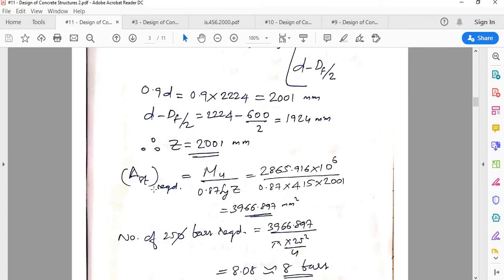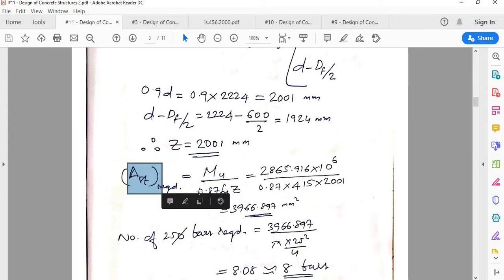Okay. Once you get the lever arm, you can calculate AST required. AST is nothing but, you can use this expression: moment equals force into lever arm, right? So this is the moment, this is the lever arm. Now the force is 0.87 fy, that's the allowable stress in steel as per limit state design, times AST.